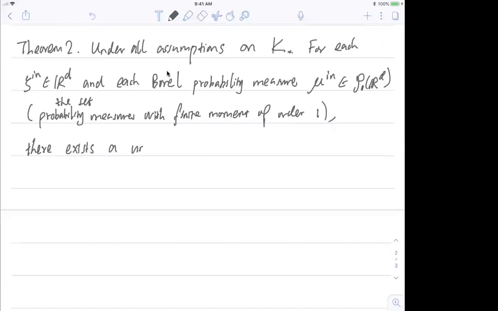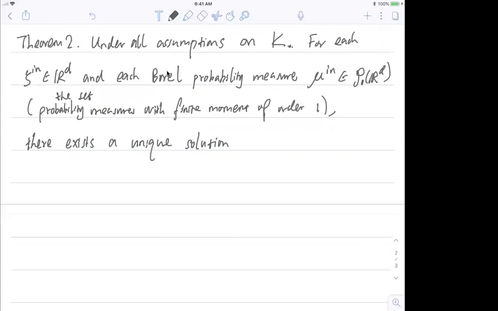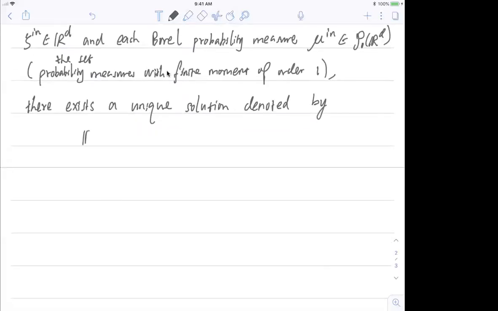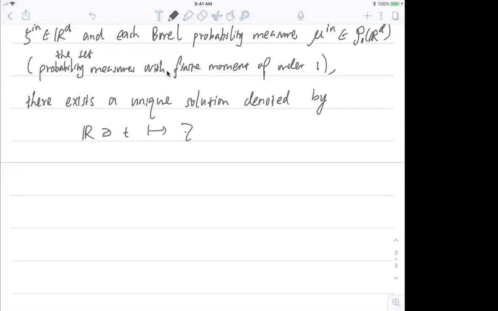there exists a unique solution, denoted by the following. This is just the characteristic flow starting from initial data psi_i, psi initial, and initial measure.